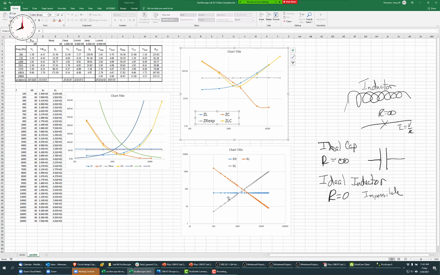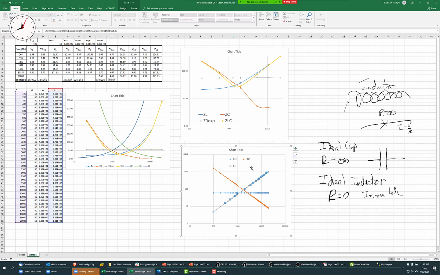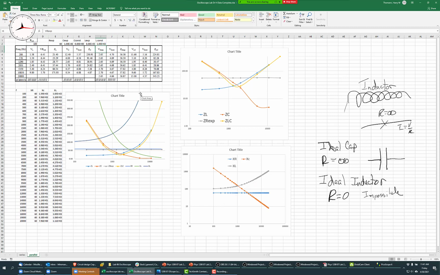In this case, I've set the theoretical inductor to have 0 resistance here, but I added the possibility of adding its own resistance. And now you see that it curves at lower frequencies, just similarly to a real one.